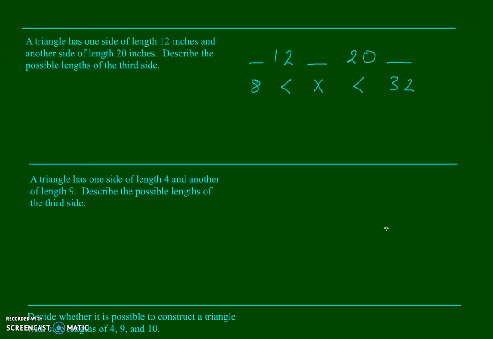Here we have a triangle with a side length of 4 and a side length of 9. So just like we did before, we're going to put our smallest side and our biggest side down. Then we ask, is there a number to the left of 4, less than 4, that added together gives us a number greater than 9?